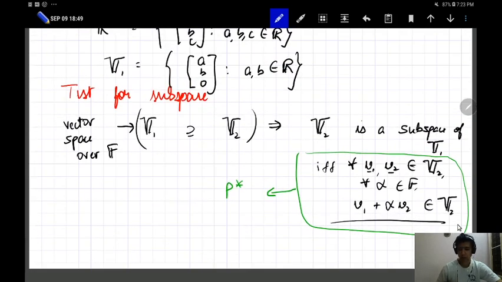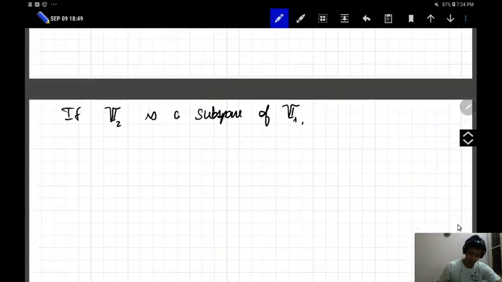Why is that? Because V2 is also a vector space, and therefore any vector space is closed under addition and scalar multiplication. So if little v2 is in the vector space capital V2, then alpha V2 should also be in the set capital V2, and therefore since V1 and alpha V2 are in the set V2, V1 plus alpha V2 should also be in the set V2, right?